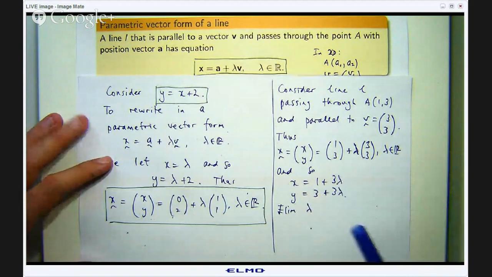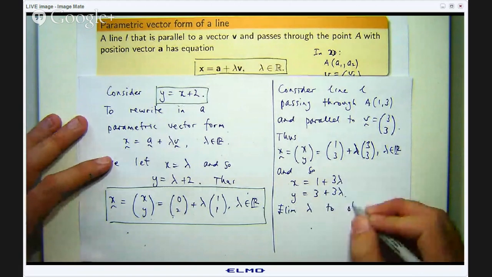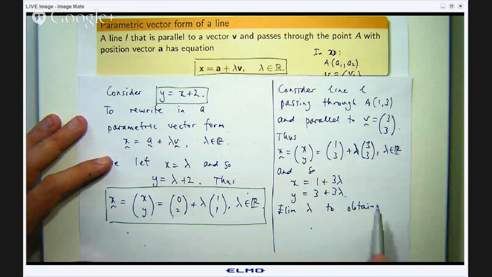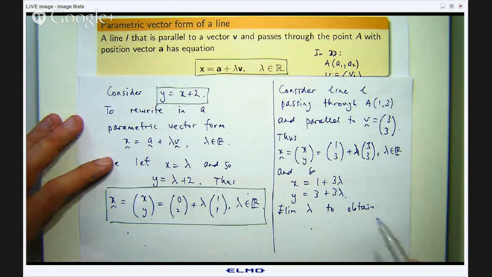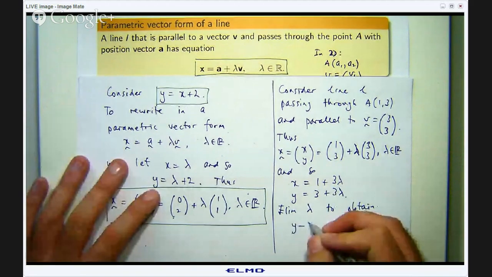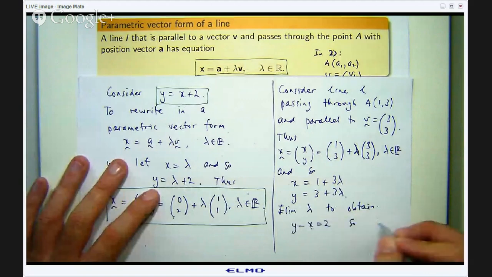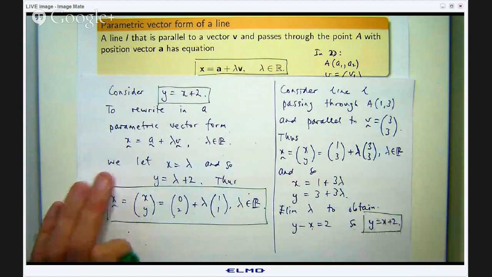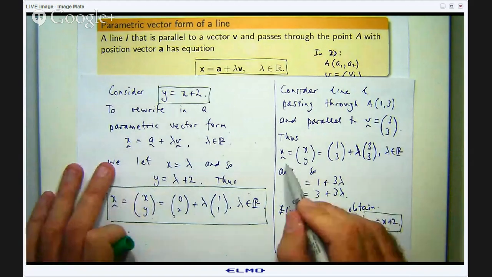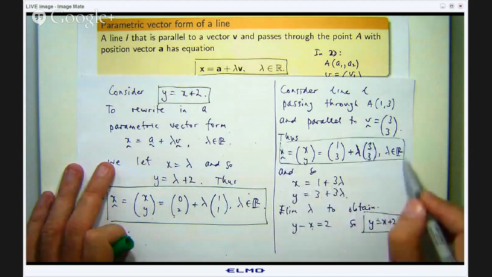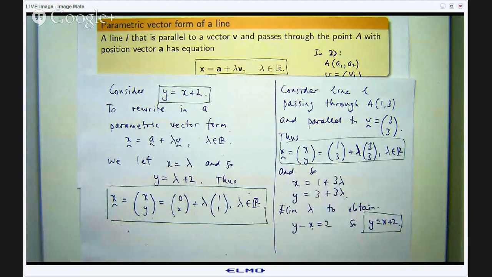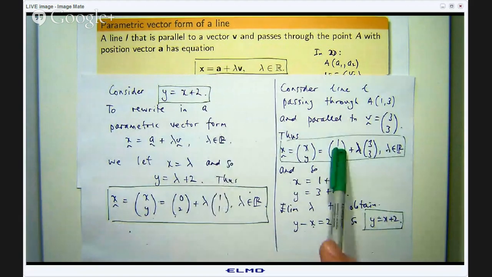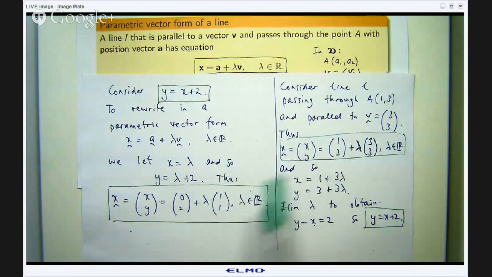If you take one equation away from the other one, then you'll get the following. So let's take the first equation away from the second equation. Again, I've just shown you that this parametric vector form reduces down to this line. Same line, different parametric vector forms.